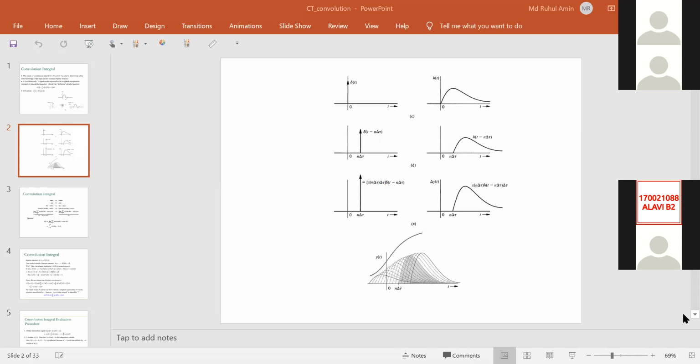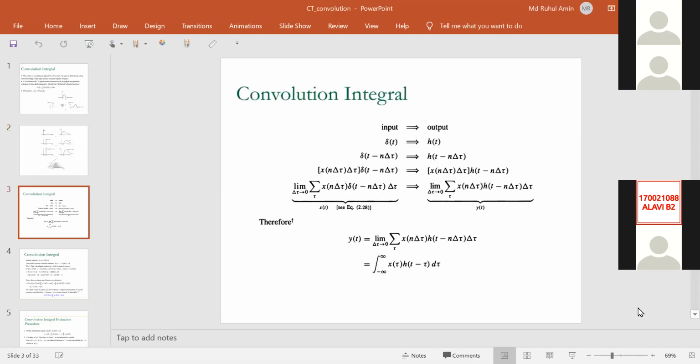So let us proceed. This is the summary of the figure. Here you see that your input is this, and you are getting an output. Your system is LTI. Then what is happening? Your delta(t) is giving you s(t). If we shift the delta(t), the output will also be shifted by the same amount of time.